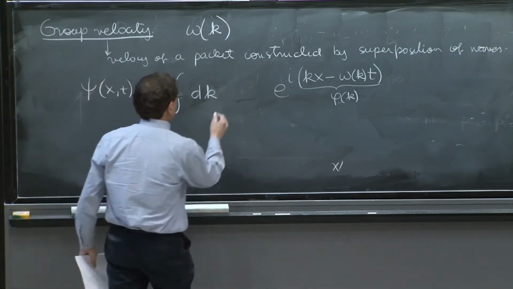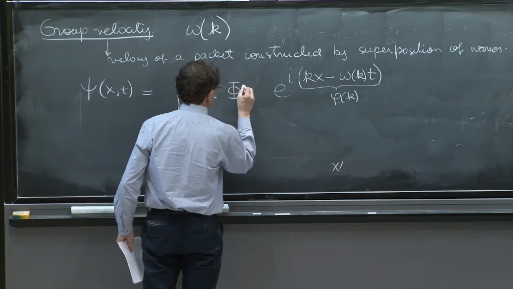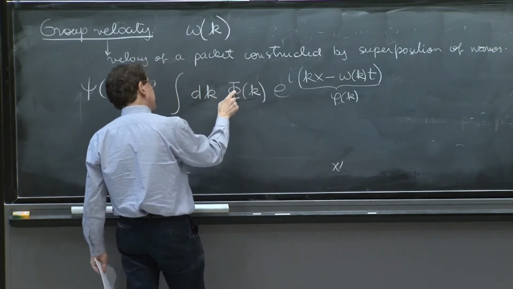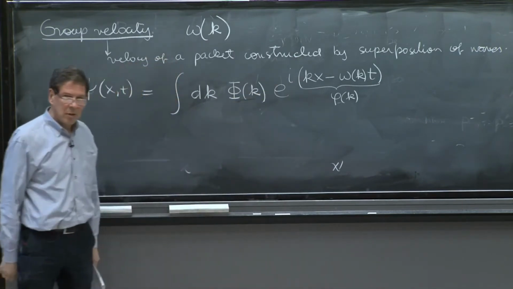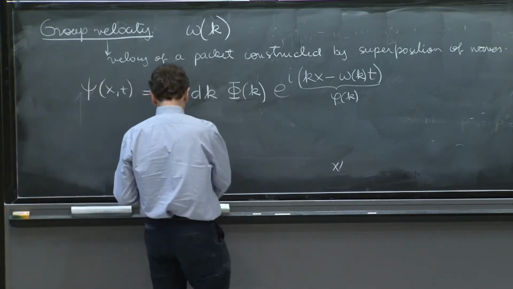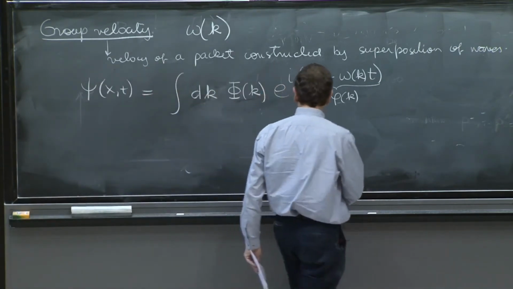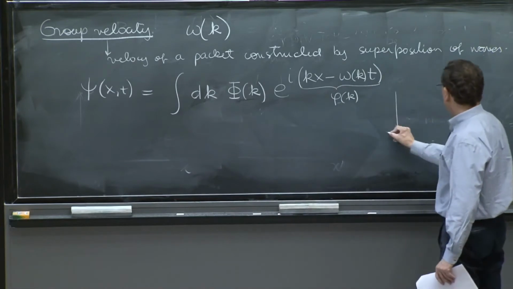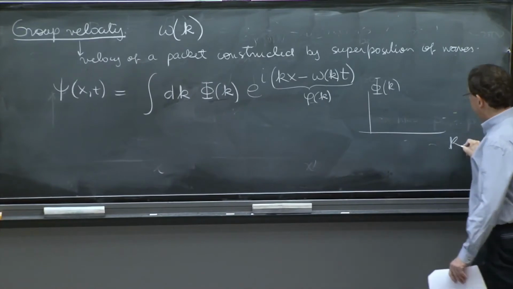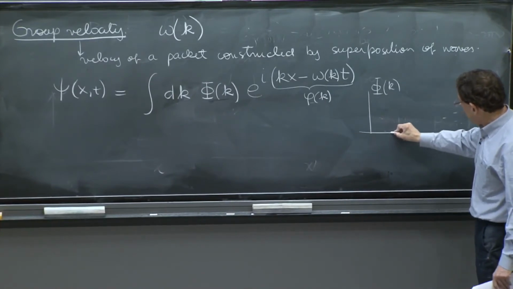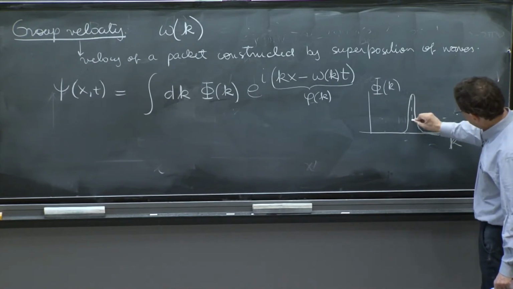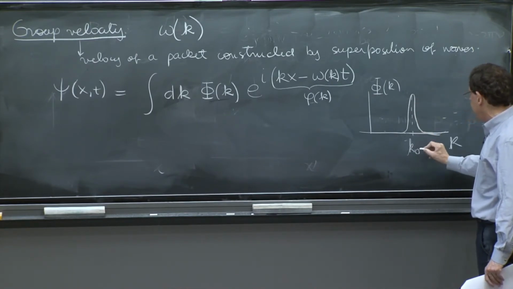So what does it mean? It means that there's a function phi of k here. And for different k's, this function may have different values. Indeed, the whole assumption of this construction is based on the statement that phi of k peaks. So phi of k as a function of k is 0 almost everywhere except a little bump around some value that we'll call k naught.